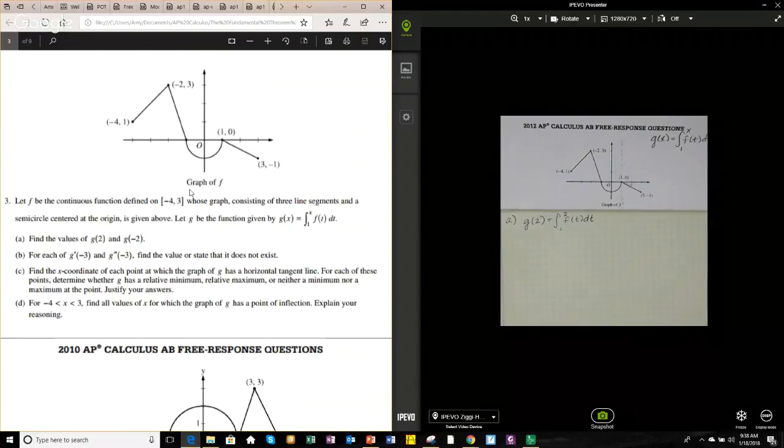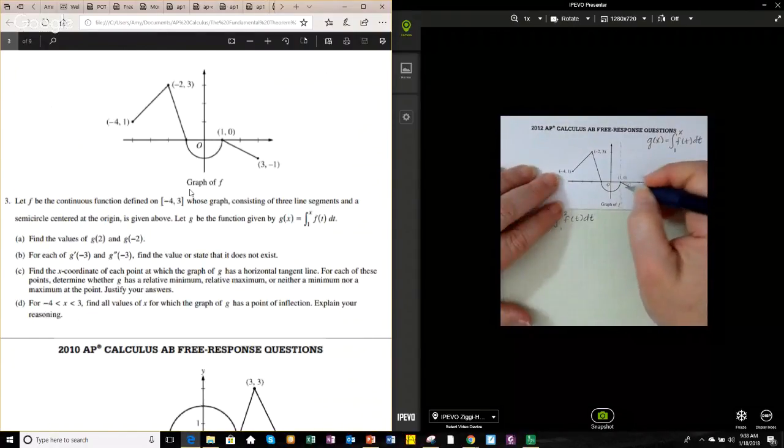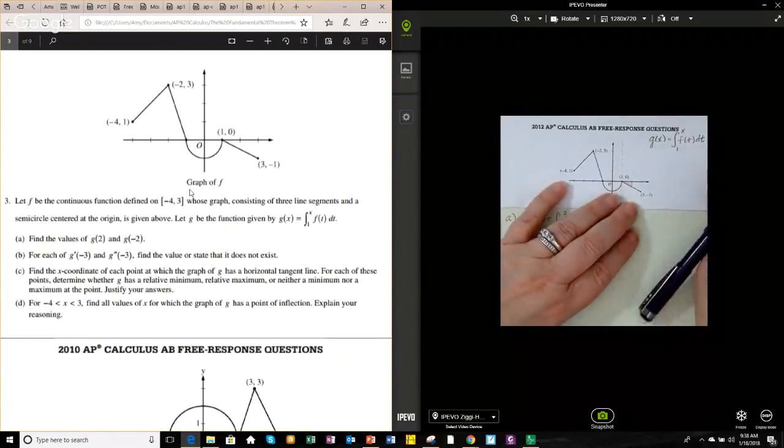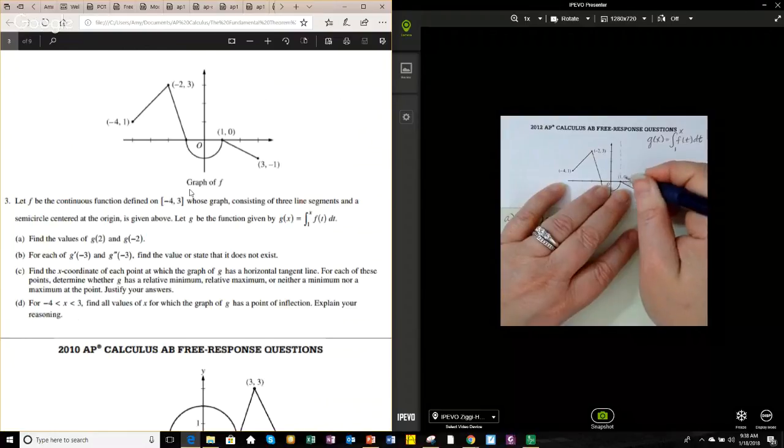So how do we figure that out? Well, we got to see maybe the equation of the line there. Well, this is 3, negative 1. And what is the slope of this line? Do you see how the slope is going to be 0 minus negative 1, which is 1, over 1 minus 3?